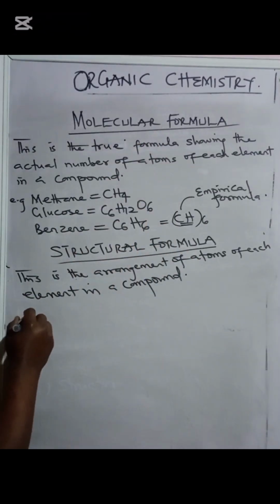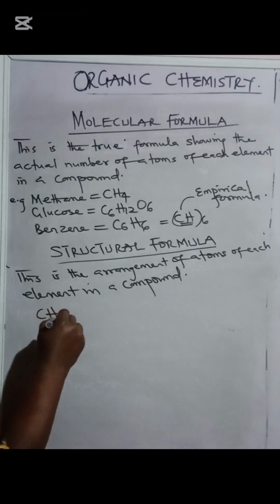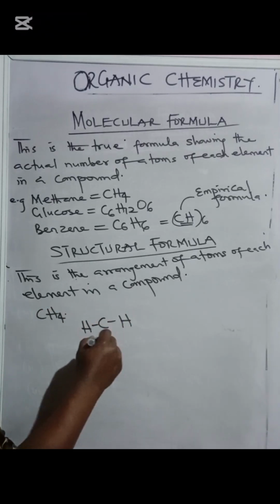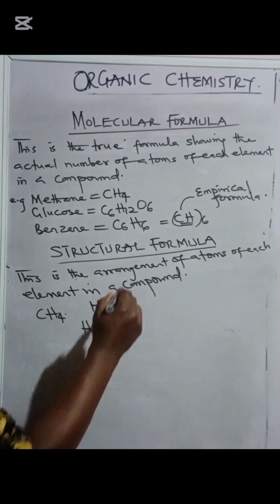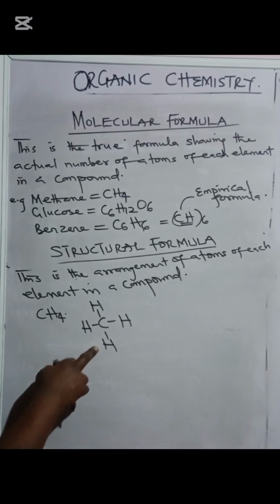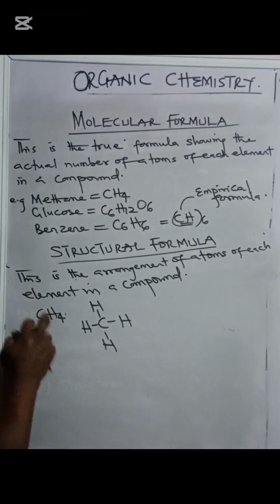E.g., let's see methane. This is the molecular formula. If you now draw the structure, this is the structural formula. Please take note of that. So this represents the structural formula, and this is the molecular formula.